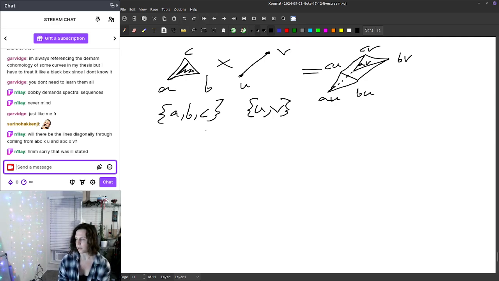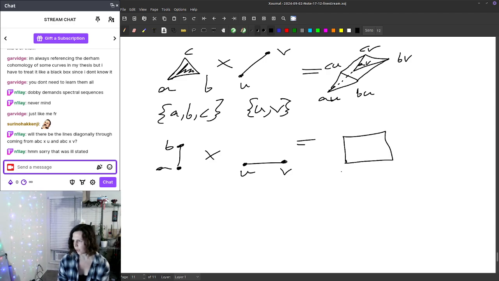Maybe even another example: here's an even smaller example, right? Take the product of AB and UV, just those things. We should definitely get a square, and so the square is AU, AV, BU, BV, and you can go like that and say, I have 2 simplices, but how do you explain why you got those 2 simplices?